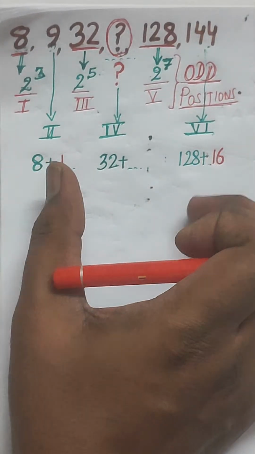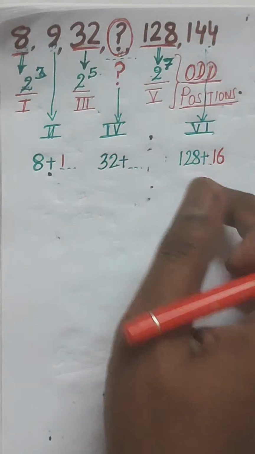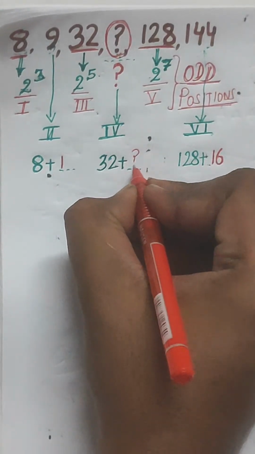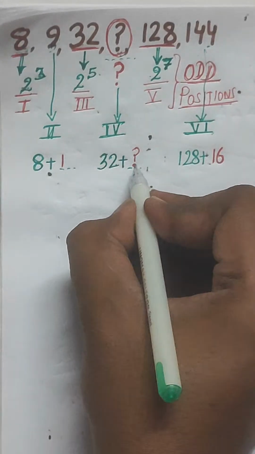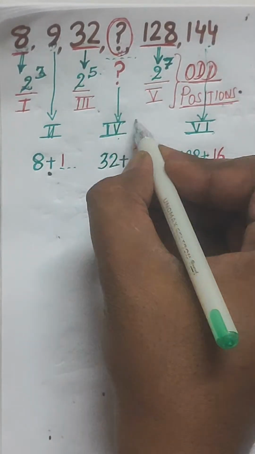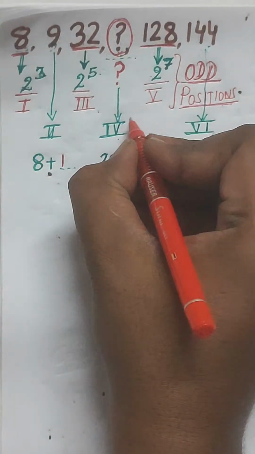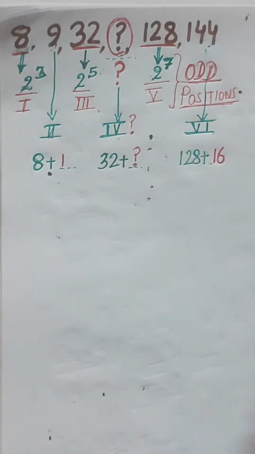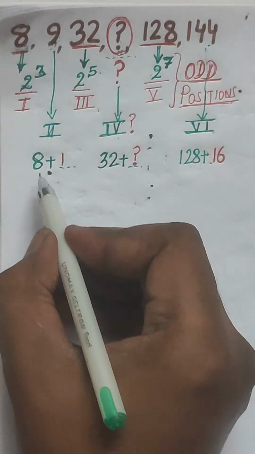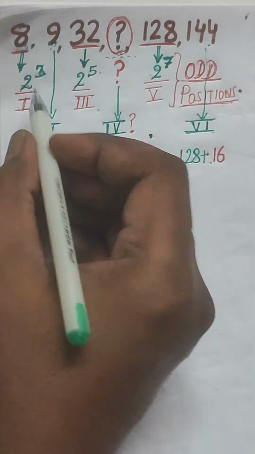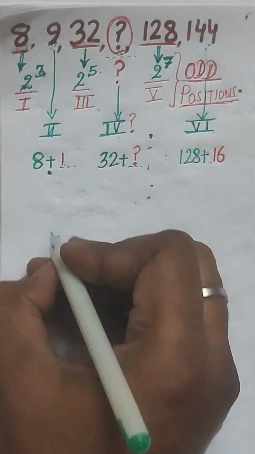The relation between the first and second, and the fifth and sixth, will be used to fill this question mark. This will be the fourth position, the question mark which we need to fill, right? Now here you can see 8 plus 1, 8 is 2 power 3, that is the first term.